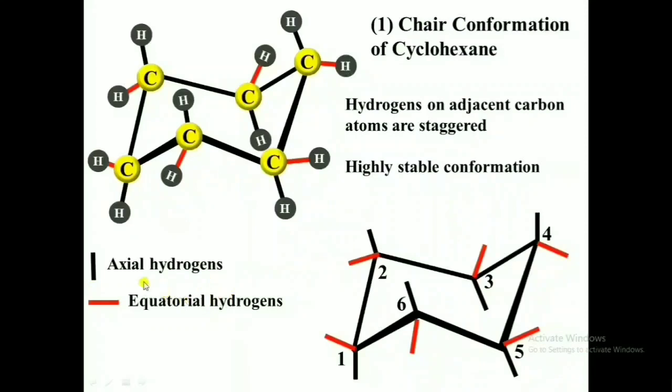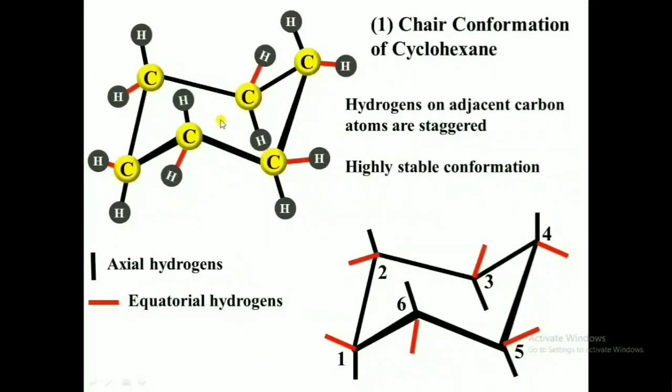The other thing you have to notice is that here all are hydrogen atoms, that's true, but I have represented some bonds with red color and some other bonds with black color. The black colored hydrogen atoms are axial hydrogens. Axial hydrogens means all these black colored hydrogen atoms which I represented here are parallel to the molecular symmetry axis of this cyclohexane.